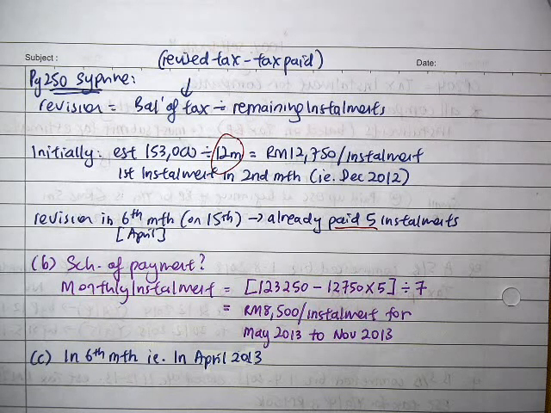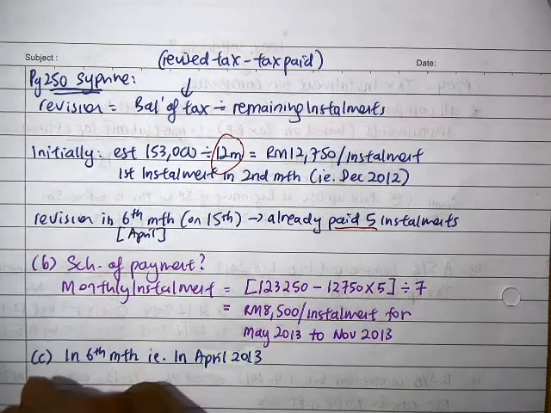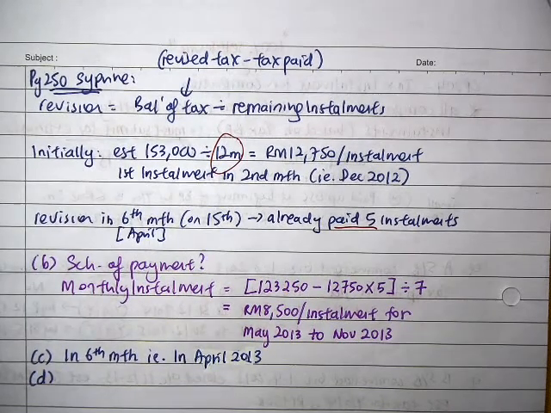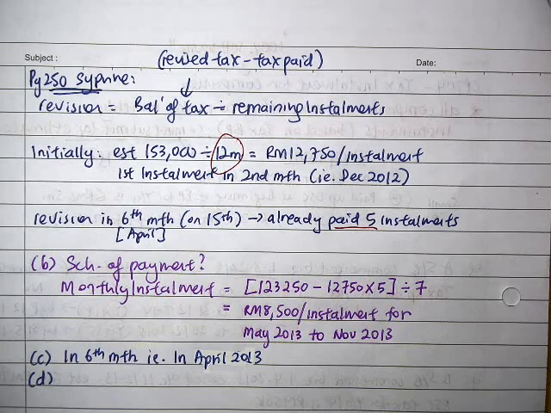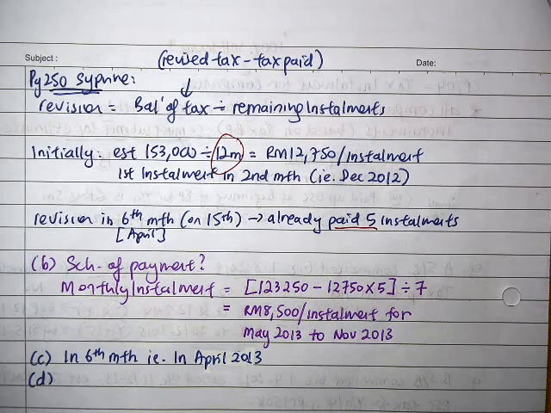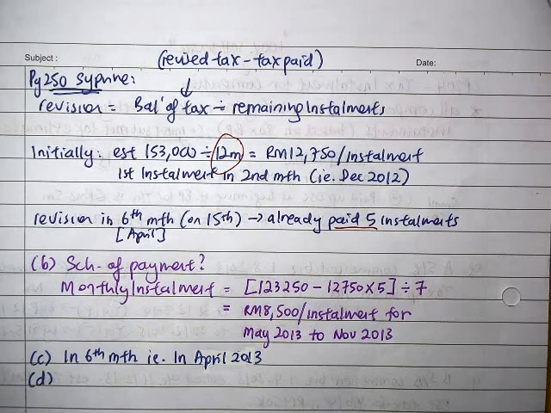Okay, now D, they ask us. So on the 9th of June 2014, the company filed the C form, which indicates a liability of 175,000. Now, what implication do you have?